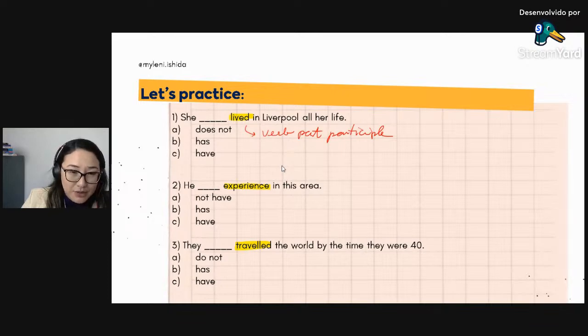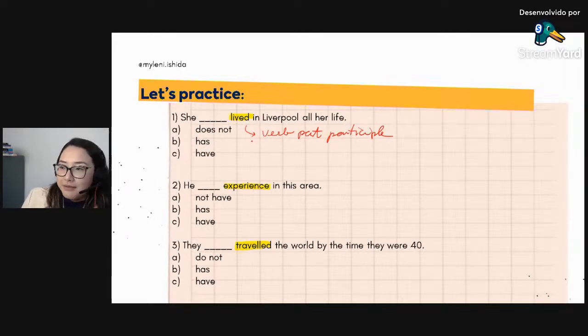They has traveled the world. They have traveled the world. I just noticed a mistake in number 3. The teacher will have to cancel number 3. But tell me your answers about number 1 and number 2, okay?